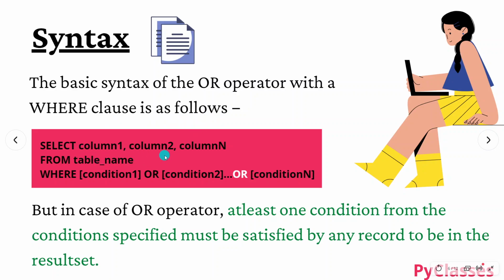SELECT column names FROM table name WHERE conditions with OR operator; semicolon. But in the case of OR operator, at least one condition from the conditions specified must be satisfied by any record to be in the result set.